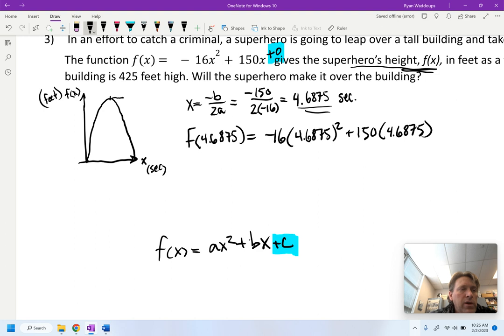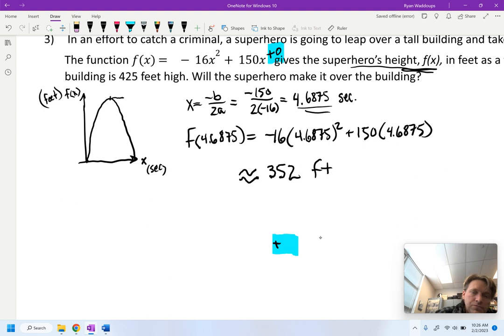And when we plug that in, we get negative 16 times 4.6875, and we're squaring that first one, and then plus 150 times 4.6875. And we hit enter. The height is 351. Let's go ahead and just round that to make this approximately 352 feet.